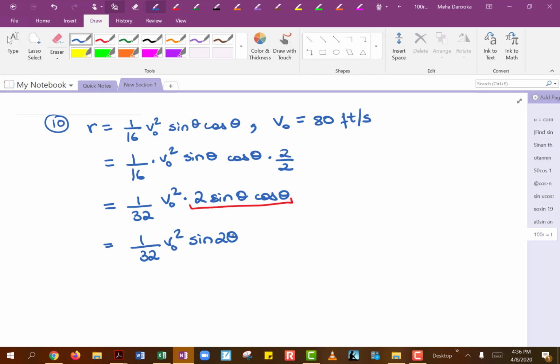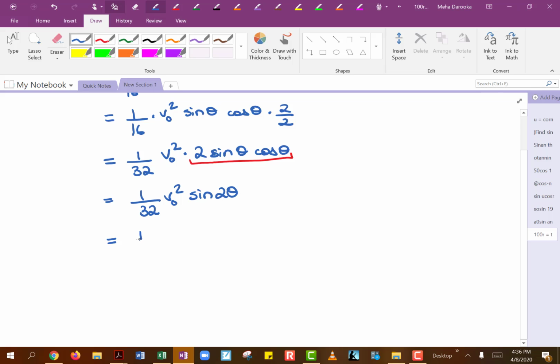So we're bringing in that double angle calculation in here. Okay, now to talk about the maximum distance traveled, we're going to put in our initial velocity in here, which is 80 feet per second. And that will, of course, end up giving us 80 times 80 is 6,400. So that will be 6,400 over 32 and sine of 2 theta.